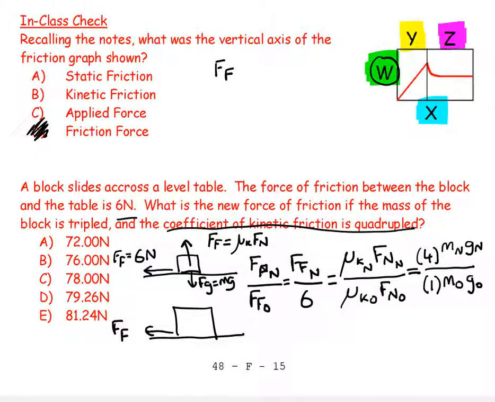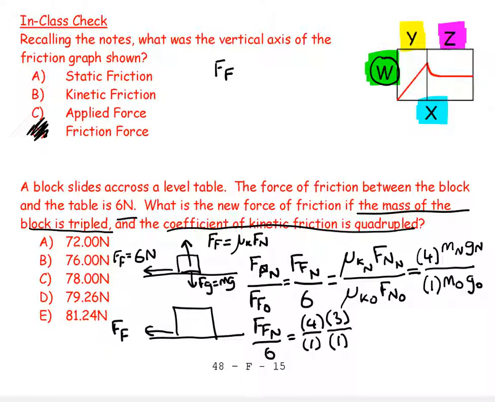Now I say, well, F new over 6 is equal to, we had the 4 and the 1, we got to that bit. And then we said, well, hold on, if the mass of the block is tripled, the mass would be 3 times bigger than it used to be.